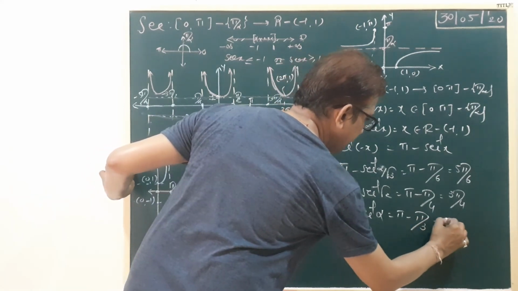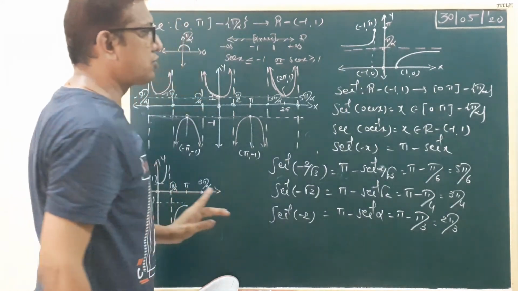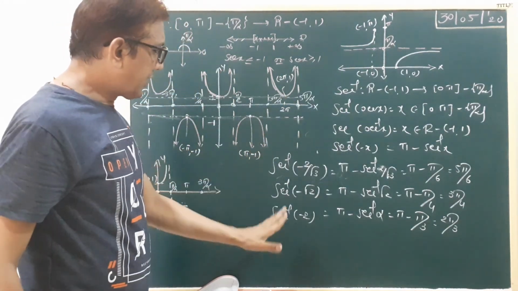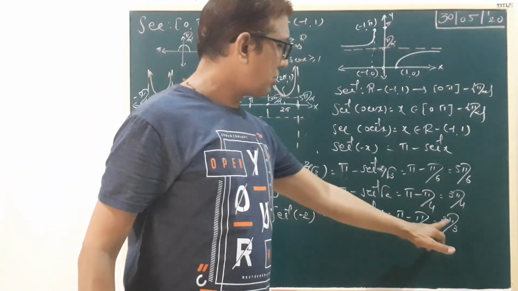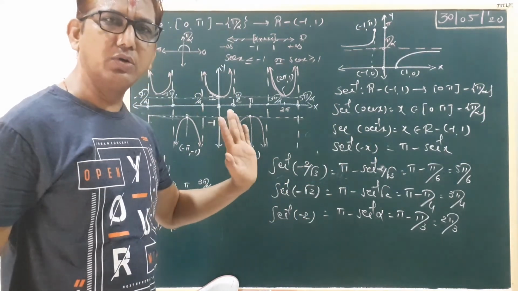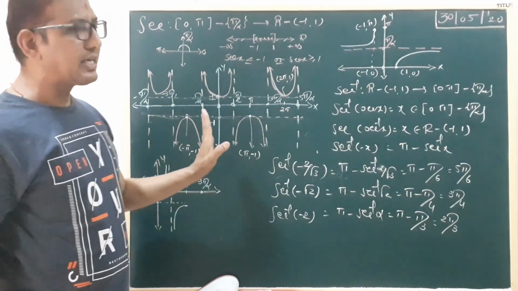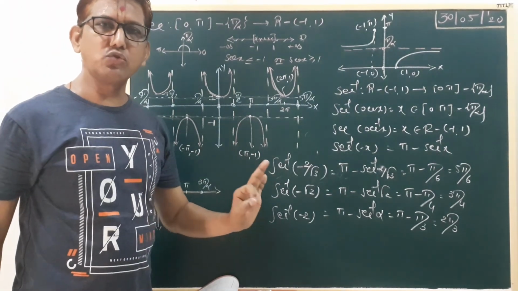We take LCM, 3 pi minus pi, answer is 2 pi by 3, which belongs to 0 to pi minus pi by 2. You can also verify: sec inverse minus 2 equals 2 pi by 3. Multiply both sides by sec and verify, the answer is minus 2. Is that clear? So we completed the sec function and sec inverse function. Okay. Thank you very much.